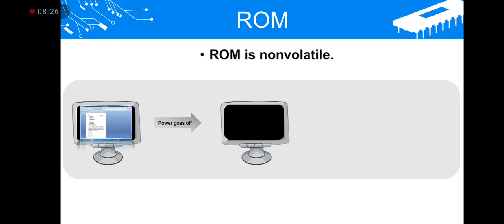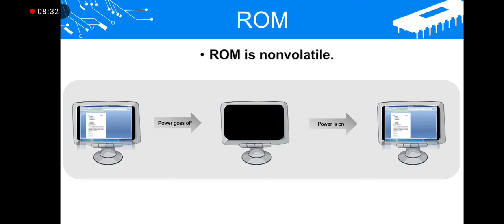You have saved it in the ROM, in the permanent memory. Then when you turn on the power again, the letter is found because it has been saved on the permanent memory, ROM.